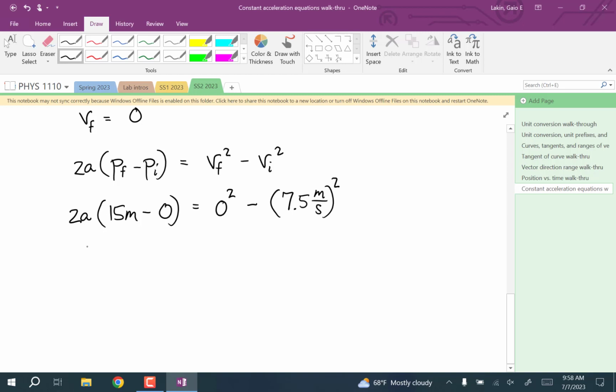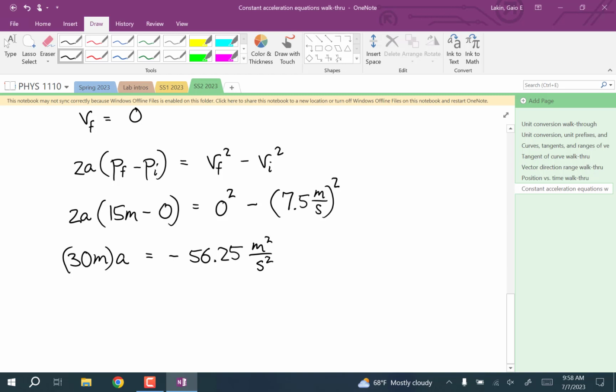And so if we multiply out the left side, we have 30 meters times A is equal to negative 56.25. 7.5 squared is 56.25. Notice that that negative is not squared. That's outside the parentheses. The meters per second are inside the parentheses, so this is meters squared per second squared.